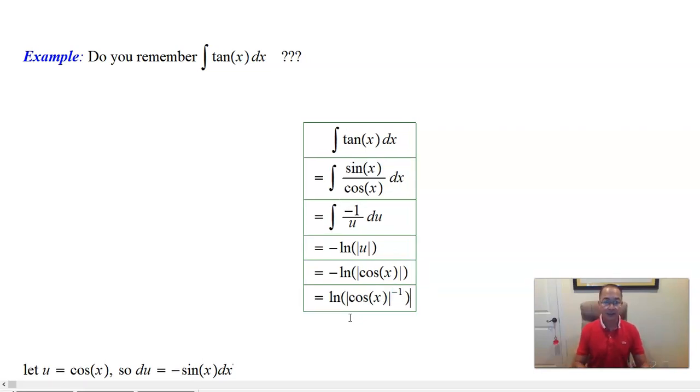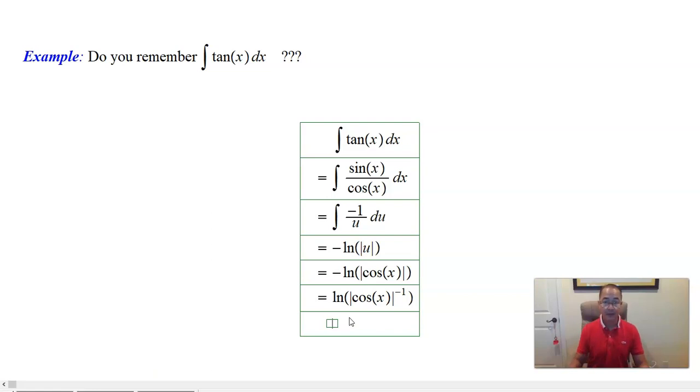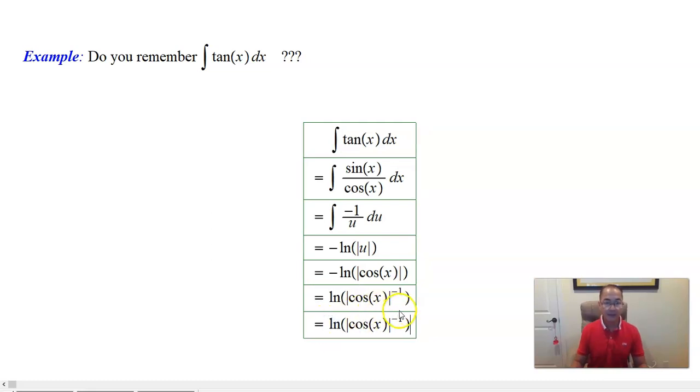There it is. And of course, in this context, negative 1 power is a reciprocal. So it is negative ln of reciprocal 1 over cosine of x. So let me borrow this fraction here. But it is positive 1 over cosine x.